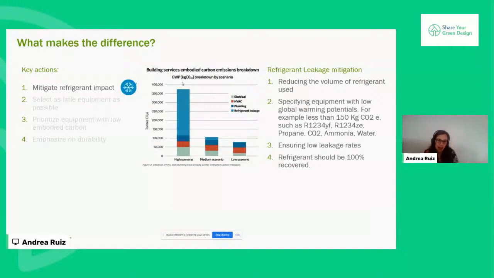If we select one with a high impact, and then it has a high leakage rate, it could really imply high levels of CO2 equivalent throughout the operation of the building. So even before we start selecting all of the materials of the building, concentrating our time a little bit on what kind of refrigerant we're using will make a big change to the future.